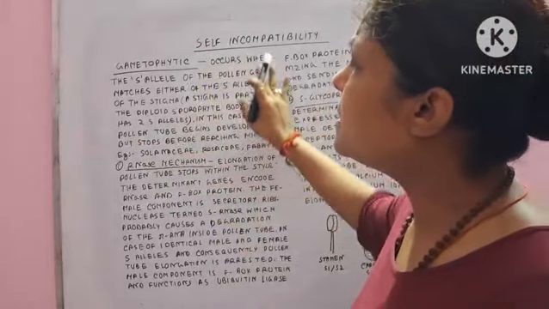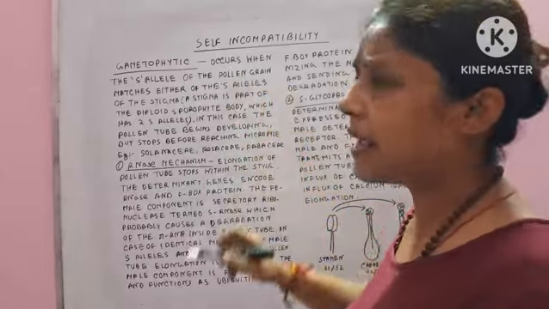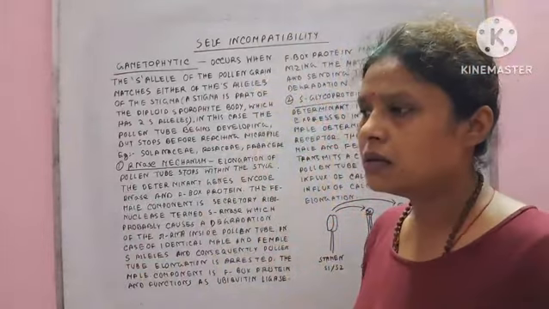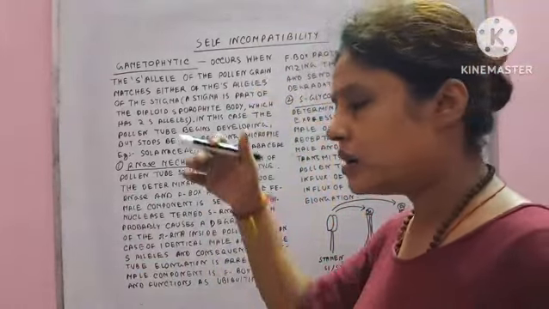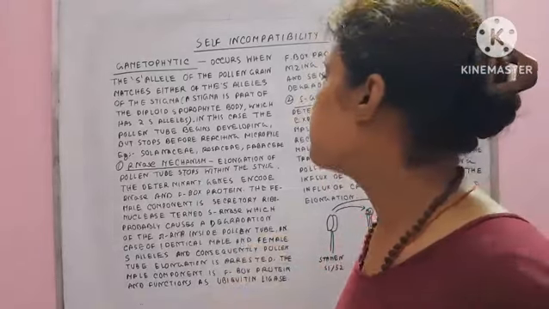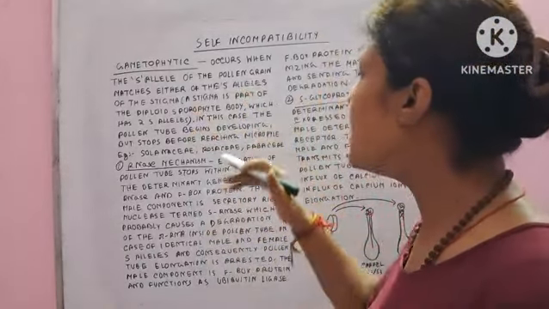So here the pollen tube carries the pollen nucleus, forming a tube towards the ovules, but it is totally stopped before going to the micropyle.